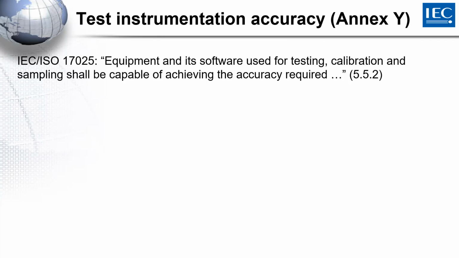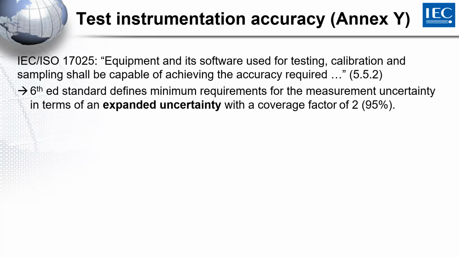And this is what we followed as a guiding principle for the 6th edition, that for each measurement, we shall define what is the measurement accuracy required. And this measurement accuracy we define in terms of the measurement uncertainty or the expanded uncertainty, which is a special way how to express the uncertainty of a measurement.